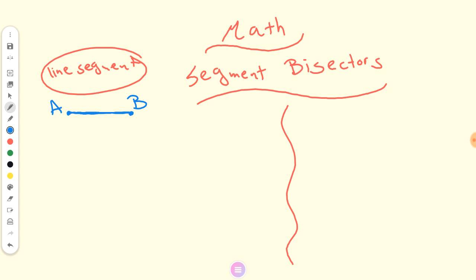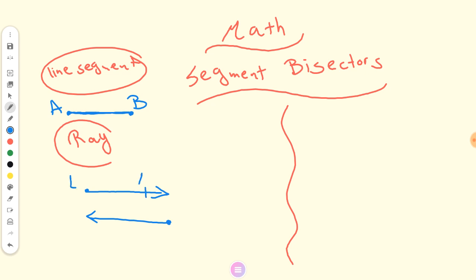Second, we have the ray. What's the meaning of ray? I can draw a line segment like this, but I make an arrow like this. This is called a ray. I can name it LM, here L and here M. A ray has a starting point but has no ending point. I can write the ray LM like this.